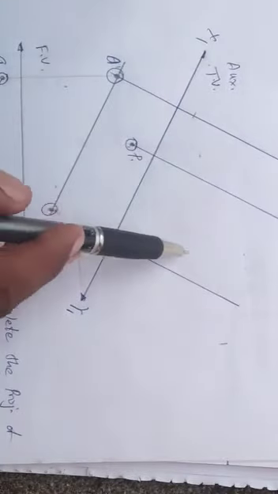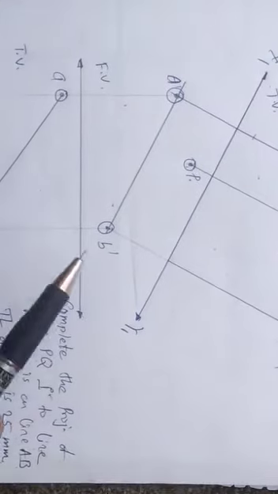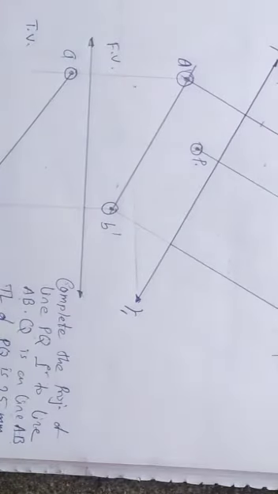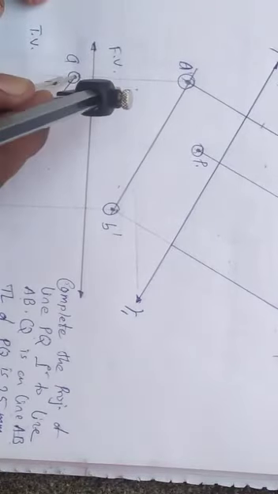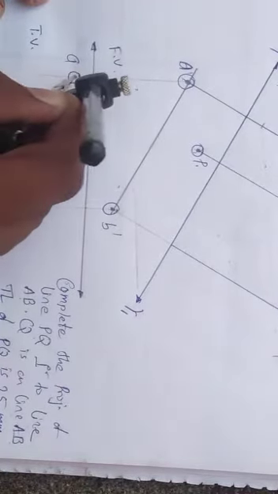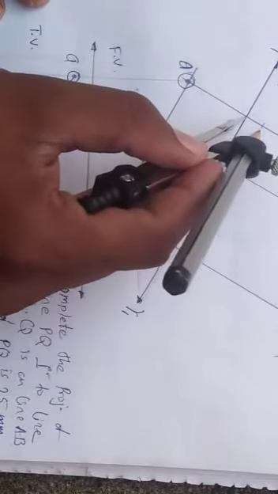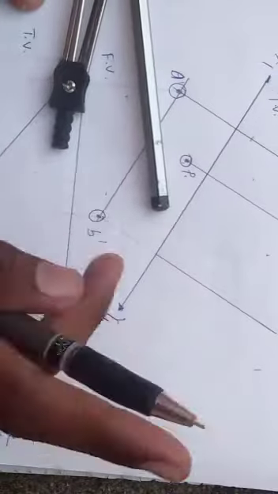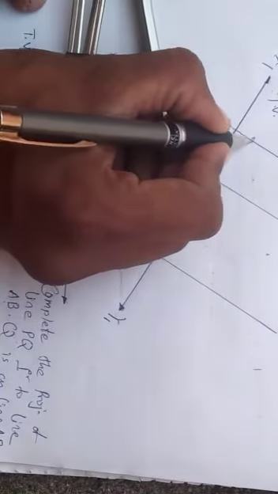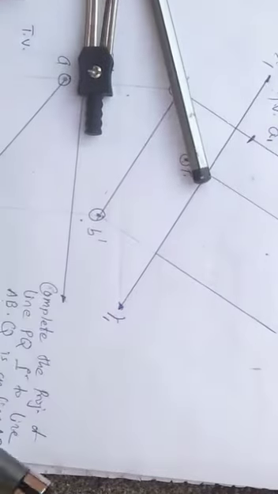So we need to locate the auxiliary top view, hence take the distances from top view. We have only 2 points in top view, point A and point B. Take the distance of point A from xy, measure it and mark it from x1 y1 on the projector of A. So here we are getting point A, we'll number it A1.